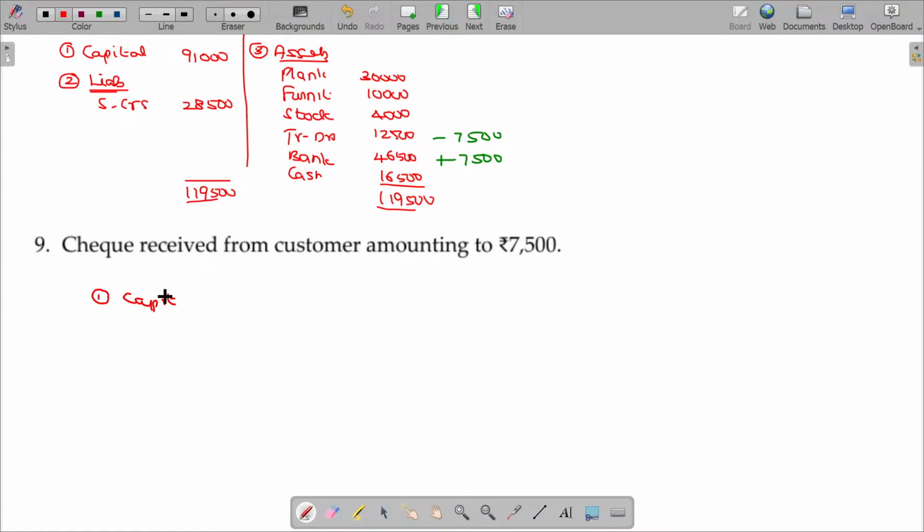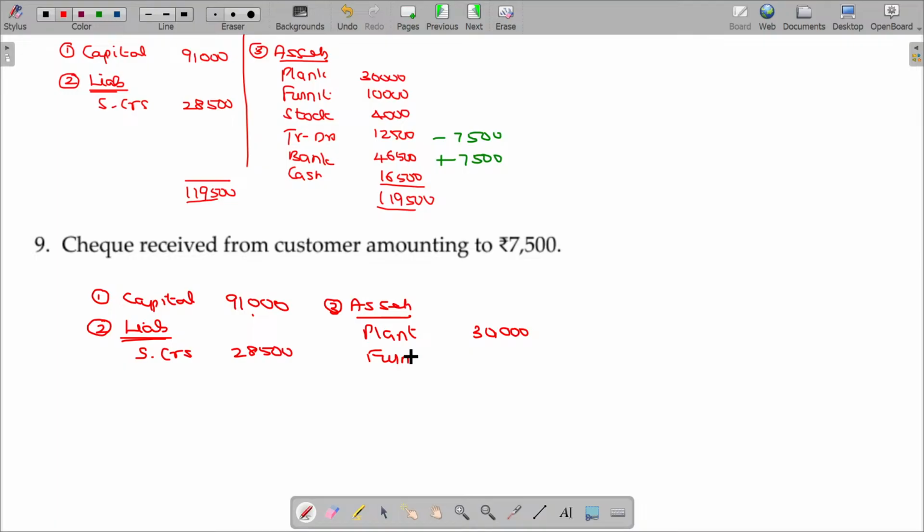Capital, this value being 91,000. Liabilities, and sundry creditors we have this value 28,500. Third, assets, under that plant, the value being 30,000. Furniture, the value being 10,000.